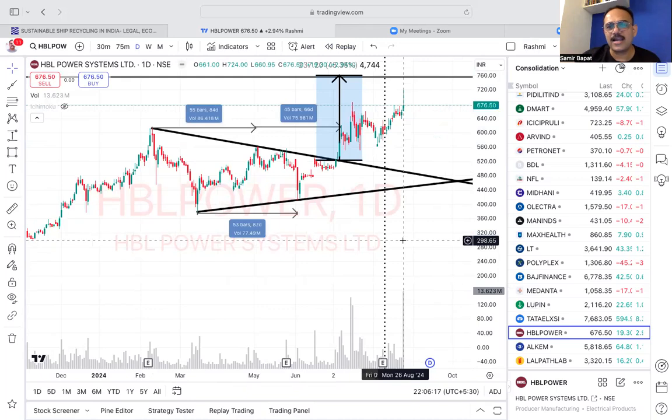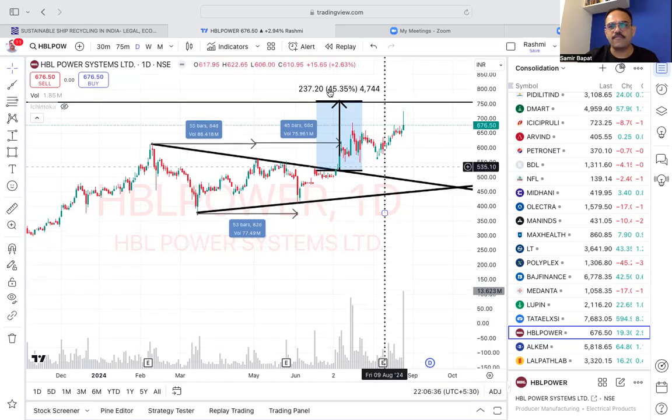To find the rectangles and all, we can keep a separate session on how to find them. It's a little tedious process, but it is a very encouraging process because you get to earn. Here you can say almost 45% from here to here, 500 to 237, and it's starting from here.